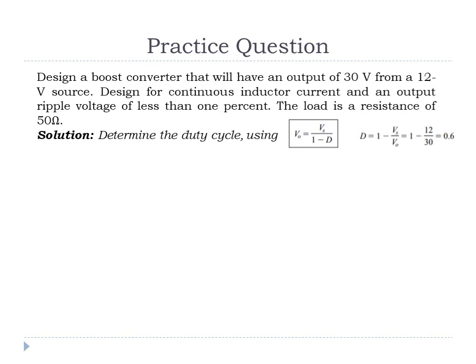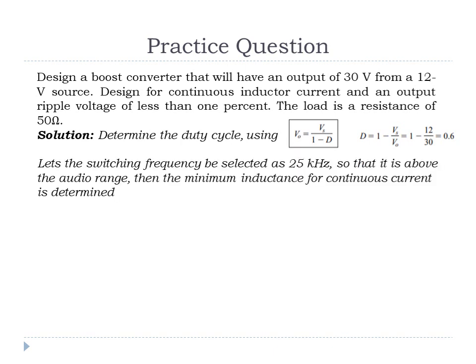So D is derived as 0.6 in this case. Now let us assume the switching frequency to be 25 kilohertz. In some cases it is given in the numerical, but if it is not given, you can just assume a frequency higher than the audio range and calculate the minimum value of inductance. When the duty cycle, the input and output voltages, and the switching frequency are known, L minimum is derived. It comes out to be 96 microhenry.